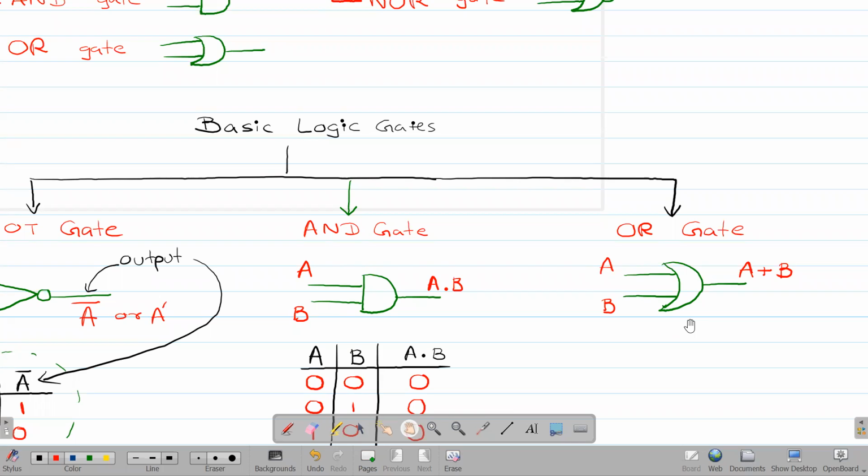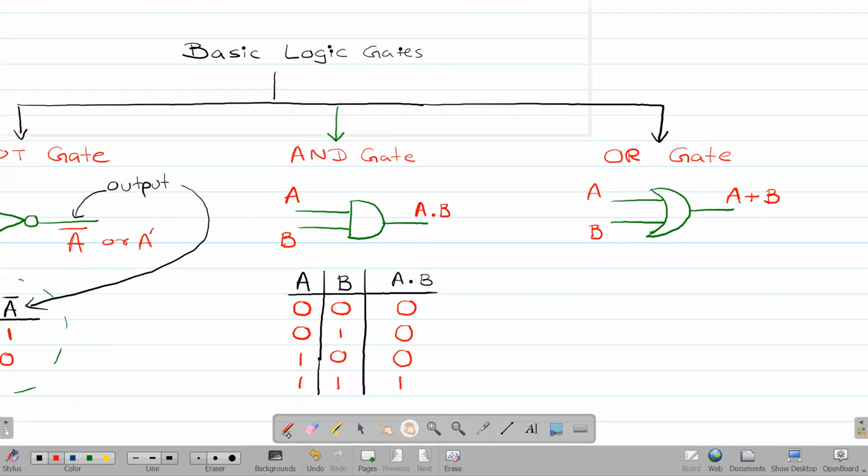You will see when we are doing the truth table over here. So how is the truth table going to be planned? It's the same way, right? We have the input A, and we have input B, and the output is going to be A plus B.